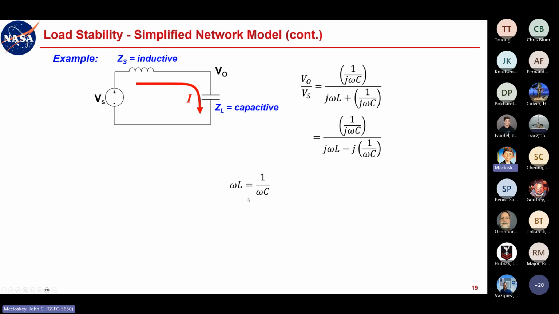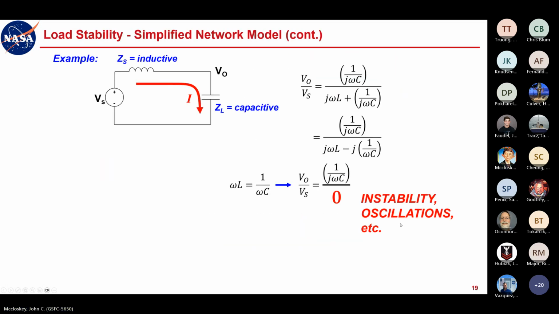So when the inductive reactance equals the capacitive reactance, which it will at whatever that resonant frequency is, that's exactly what a resonance is. In this case, the reactances are equal but of opposite phase. There you get your divide by 0 and your instability and oscillations and so forth.